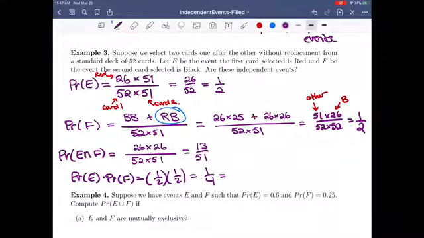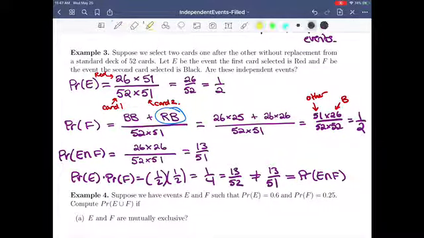It's not. 1/4 happens to be 13/52, so it's very close, but it's not equal to 13/51, the probability of E intersect F. The product is not equal to the probability of the intersection, so we would say E and F are not independent.